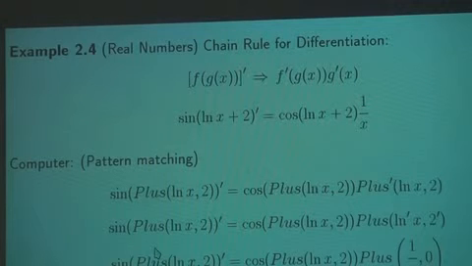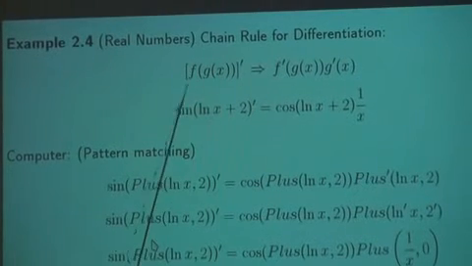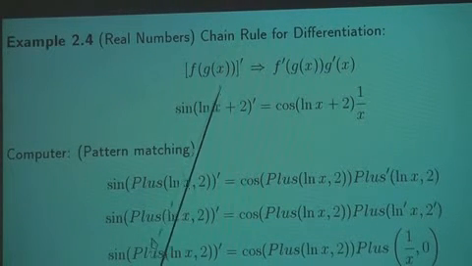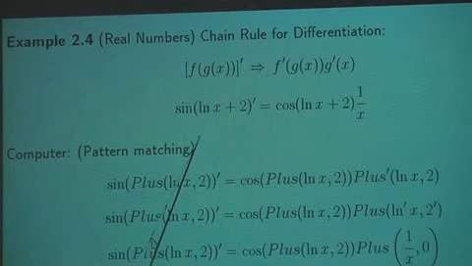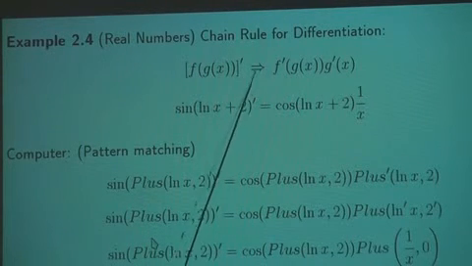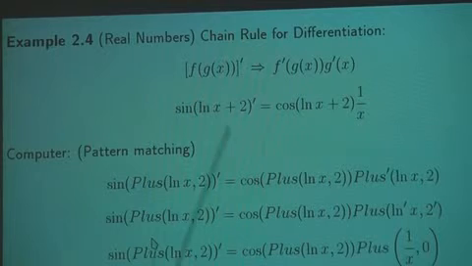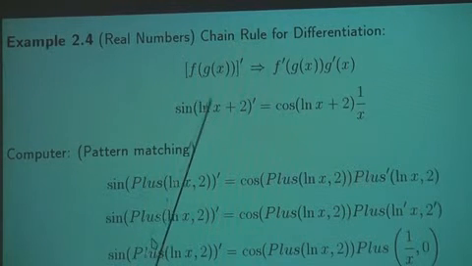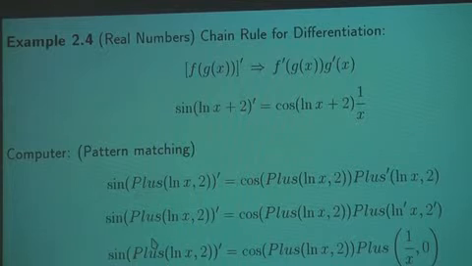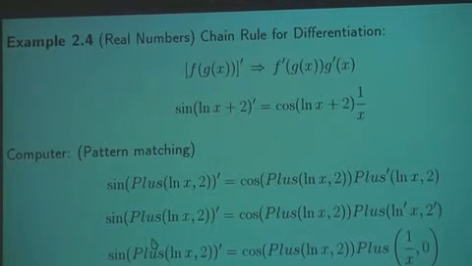That makes it much easier for our computer, because the computer now knows it has to match the left-hand side of this rule with the left-hand side of my problem, and then apply the rule in this direction. If we had the equality, then we may match this left-hand side with this. We may even match it with this and work in the wrong direction. That's why we have directed rules.